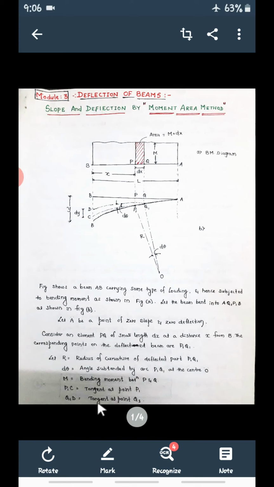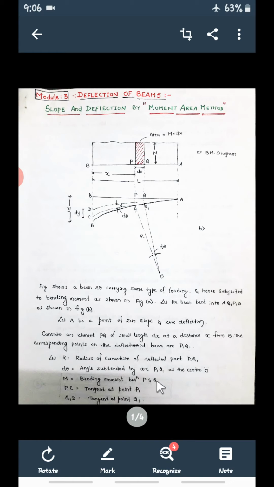Then P1C. For P1, draw the tangent. This is P1C, and Q1D. P1C and Q1D will be the tangents at points P1 and Q1.